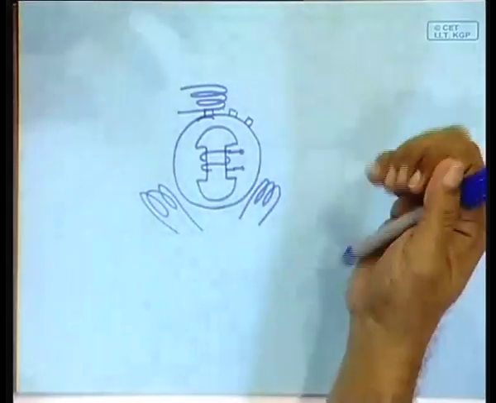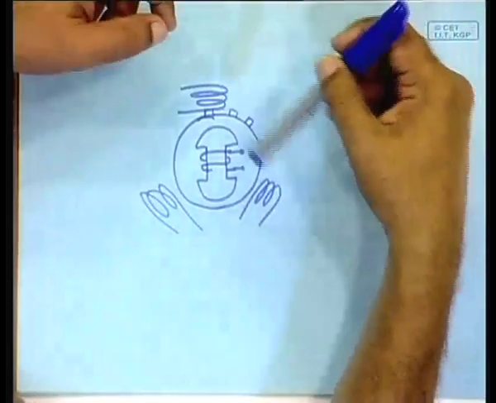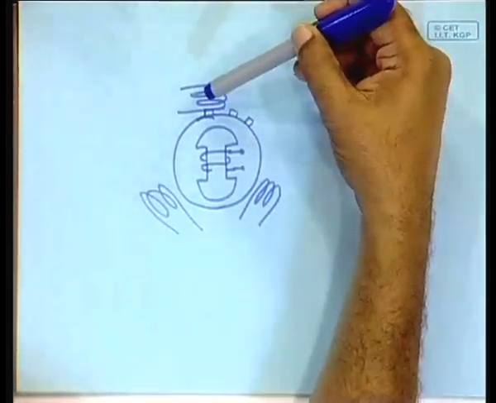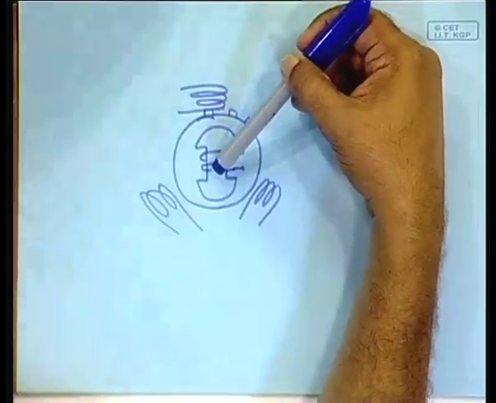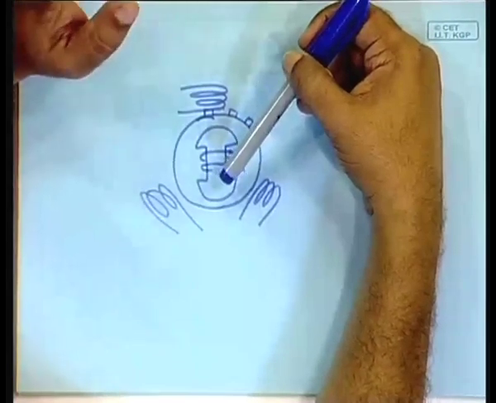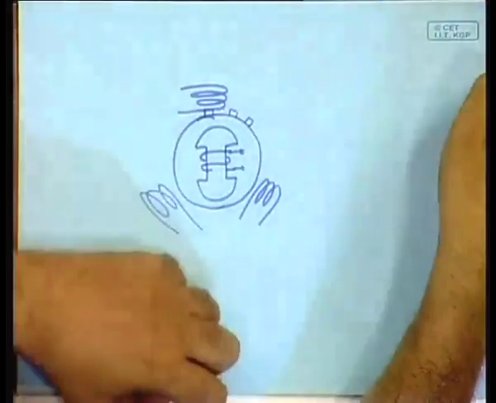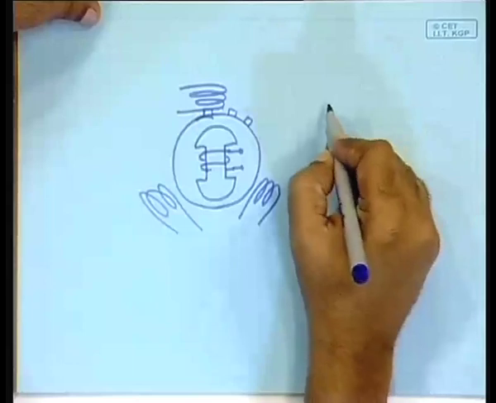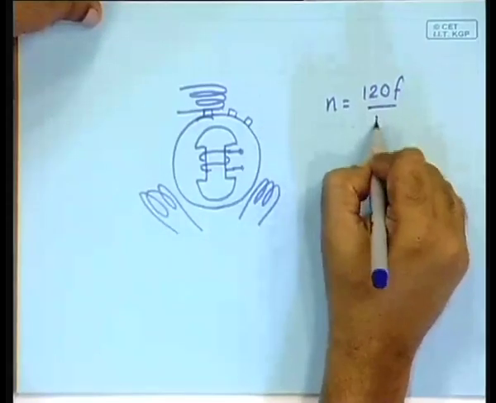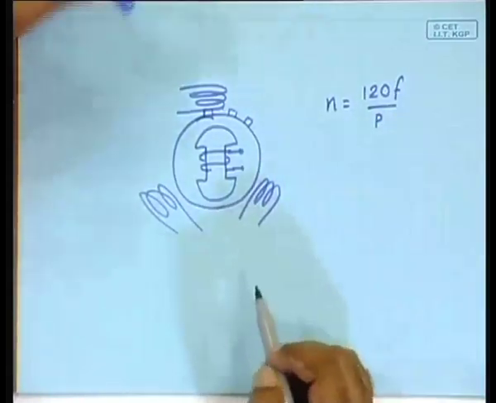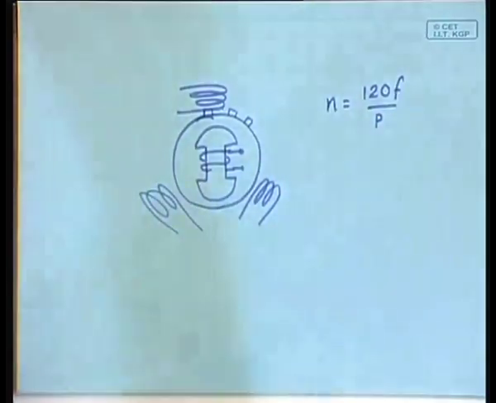So, depending on that, you can say that the frequency is not exactly the same as the speed of rotation, it is proportional to the speed of rotation. So, the actual relationship is that the speed is 120 f by p. P is the number of poles. But that is not our concern here.